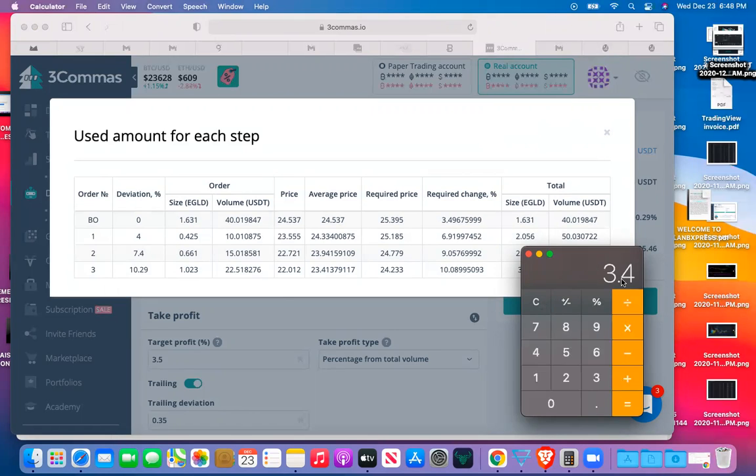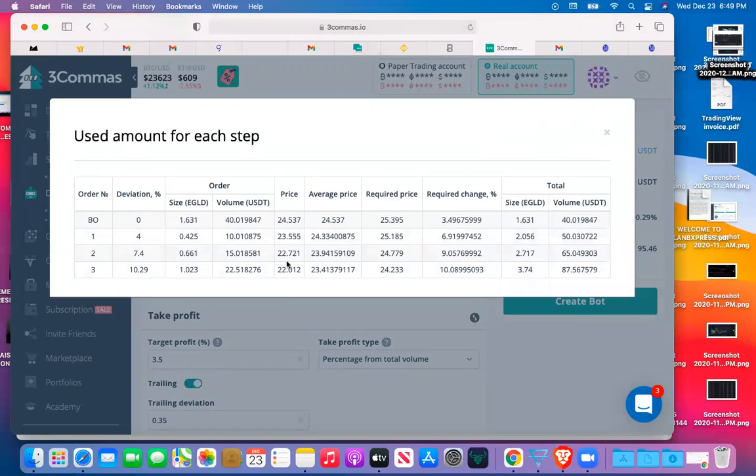Now that's 3.4. So 3.4 plus 4% gives you 7.4. That's what's going to happen here. Then the next one in that order. Nevertheless, it's going to buy more volume for me at that rate. So you can now see the percentage does not go up to that extent.